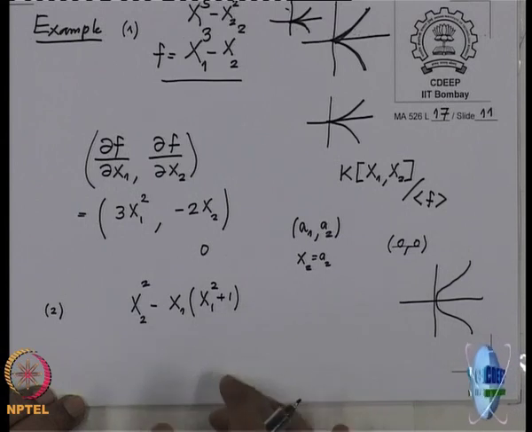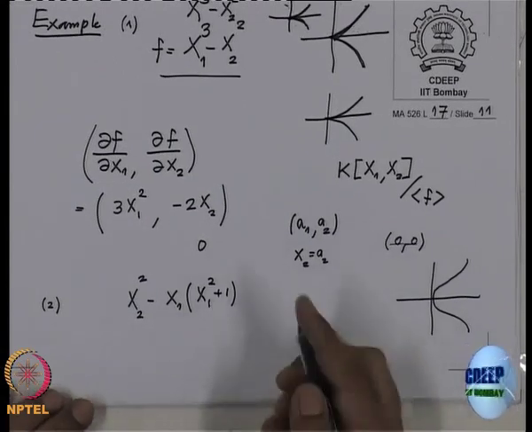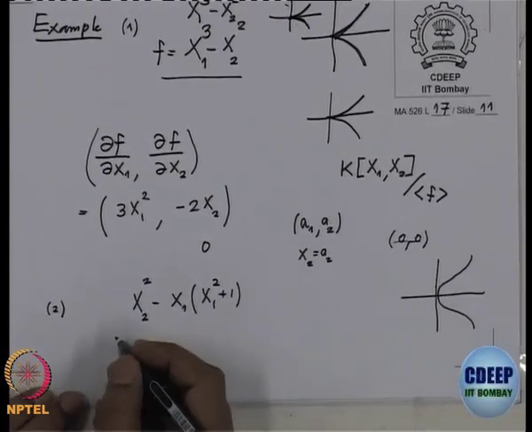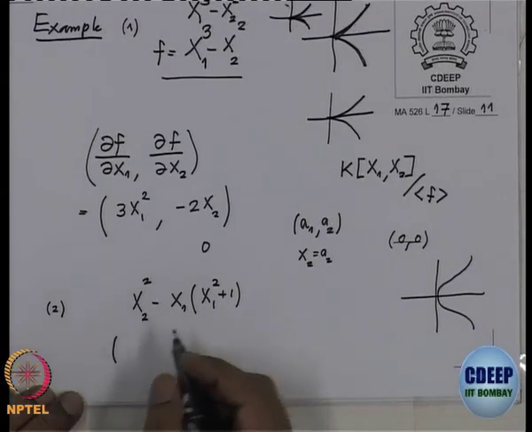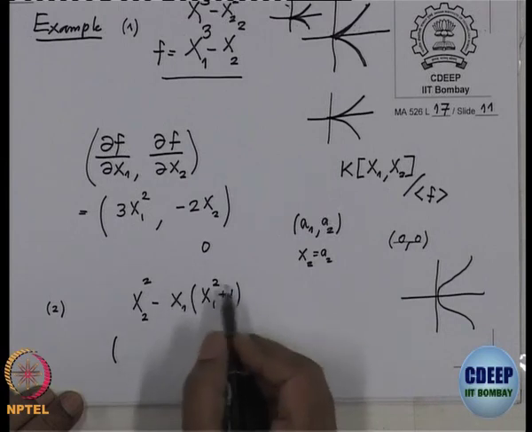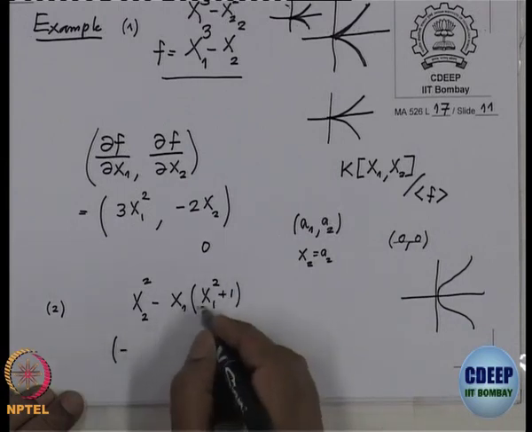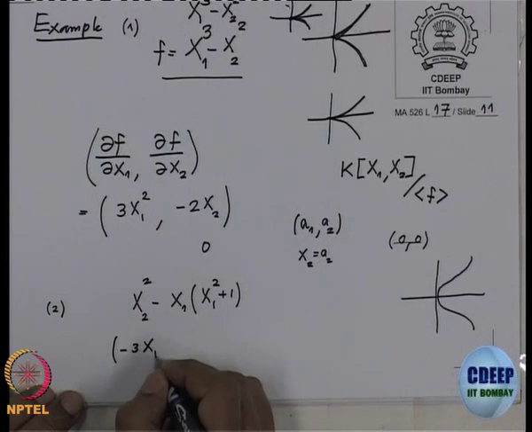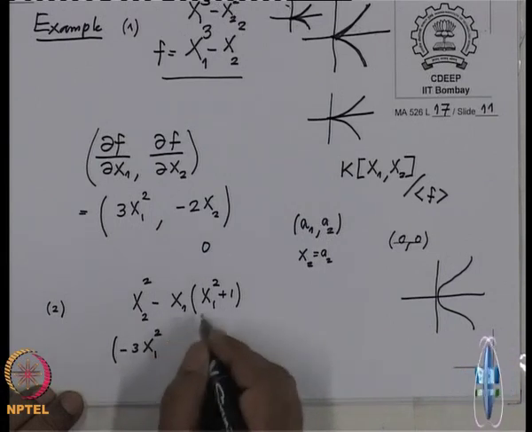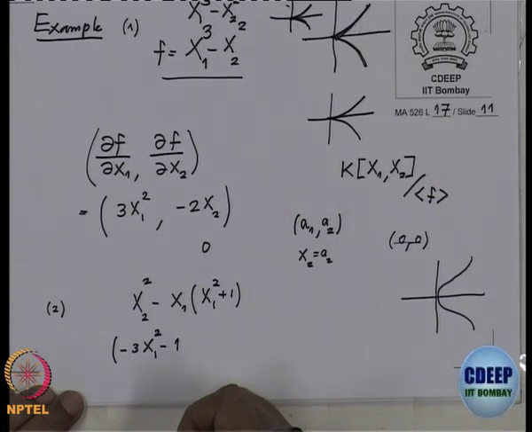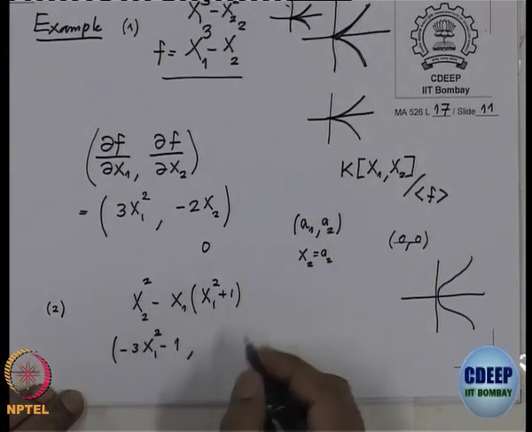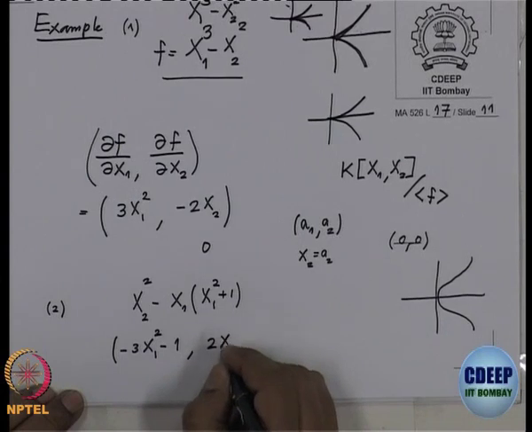So, the singular locus should be empty here, right. That also you can see by differentiating. So, differentiate it, then what is the matrix you will land up with? First the differentiation with respect to x1, that is minus 3x1 square plus 1, that is the first entry. The next one is 2x2.